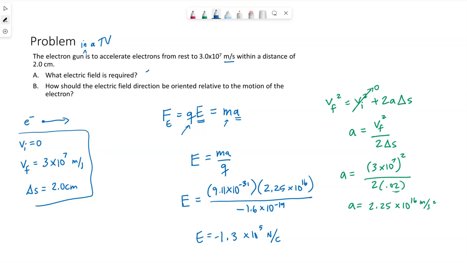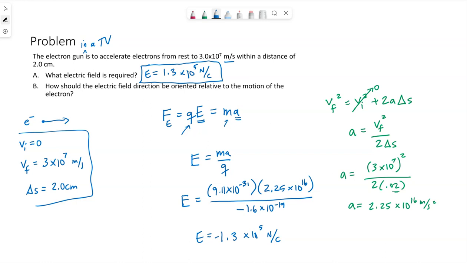So my answer to part A, it doesn't make sense to put a negative. I can only give the magnitude. There's no such thing as just a negative field. Negative has to do with a coordinate system and thus a specific direction.